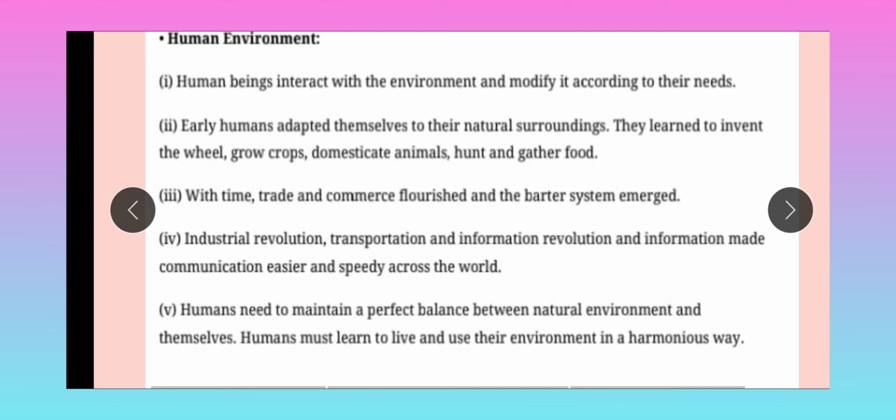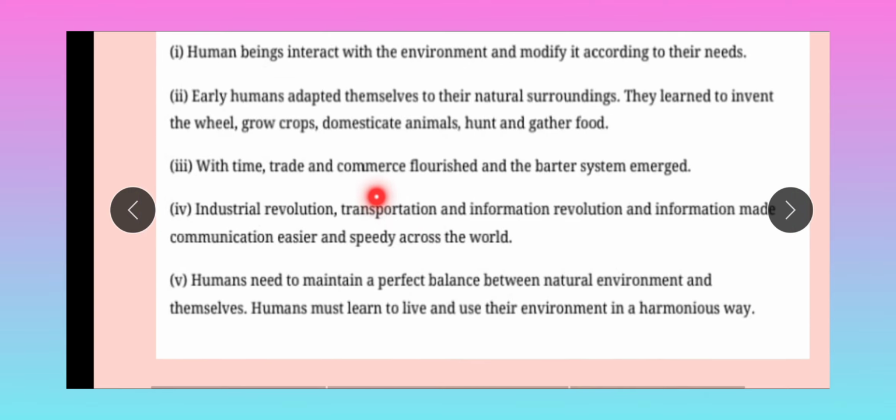With time, trade and commerce flourished and the barter system emerged. So slowly a new system also emerged. Fourth one, industrial revolution, transportation and information revolution, which made communication easier and speedy across the world.